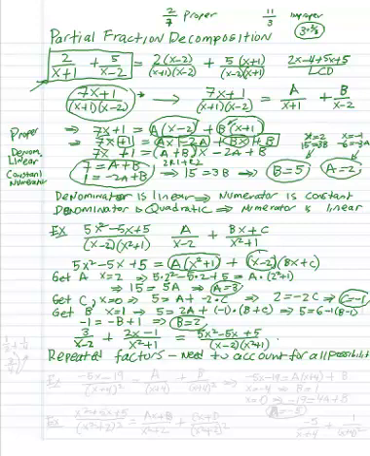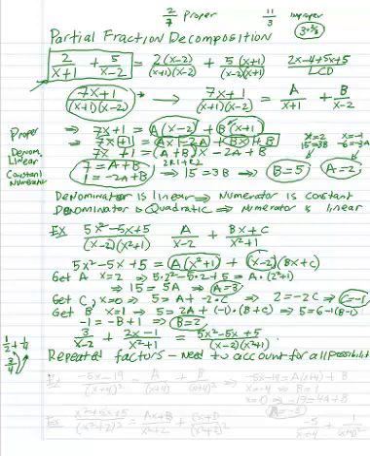So for example, if I'm adding 1/2 with 1/4, well, my answer is 3/4. But if I decompose that 3/4, I had to account for a possibility of it having that repeated factor in the denominator. So if I have a repeated factor, I need to account for it.